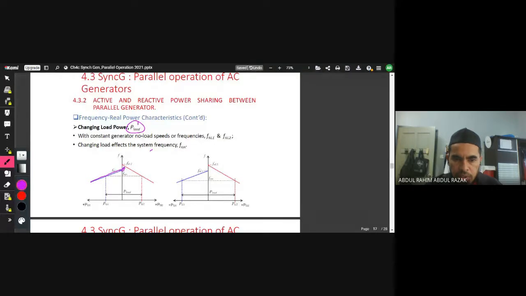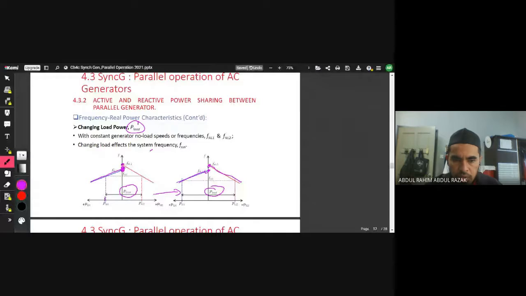No load speed is fixed. We put a pivot over here. No load speed is static, so the roof is stable or fixed here. What happens if we change the load? From low load to high load, and low power to high power.